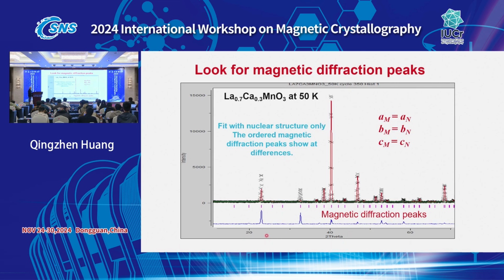We also talk about the magnetic peak behavior because of the form factor. For the low angle reflections, the magnetic reflection intensity will decrease very quickly, normally a curve like that, similar to X-ray diffraction. So here we saw the magnetic diffraction peak here.